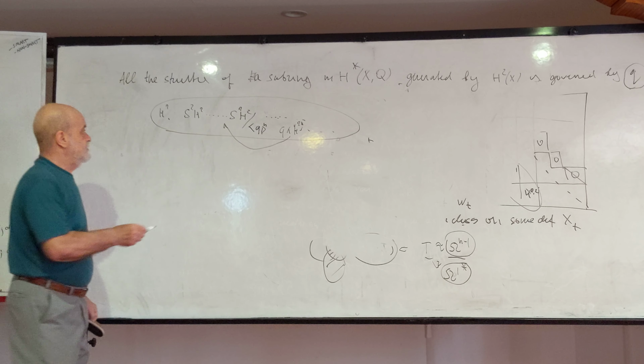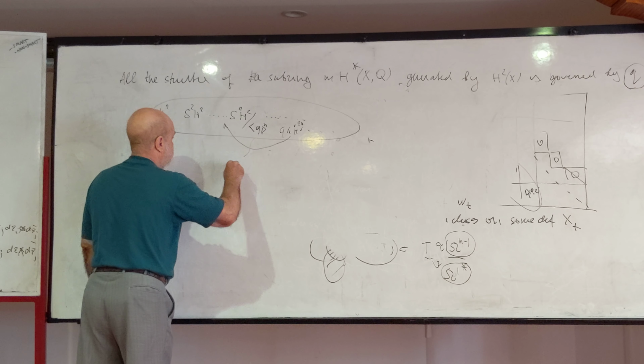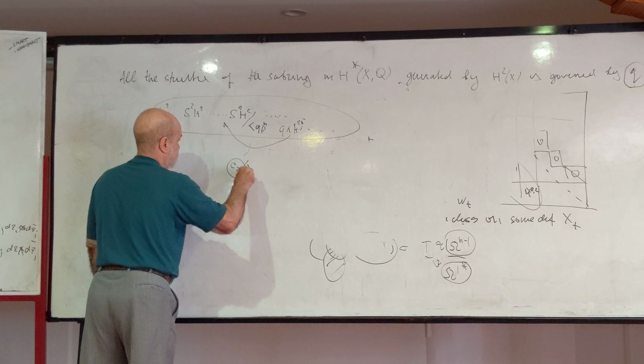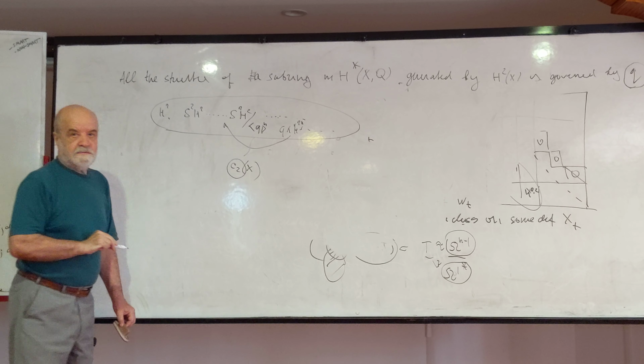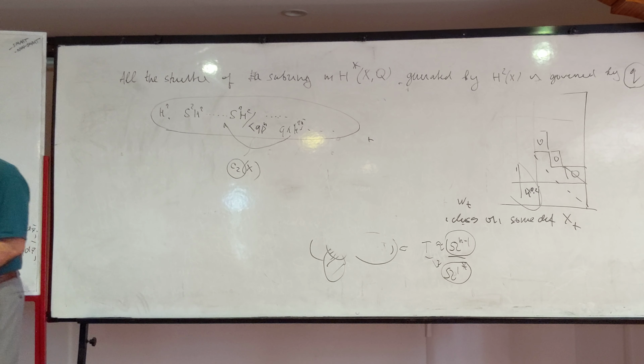Q basically corresponds to C2 of X. The second Chern class is always non-trivial, always in some kind of positive cone. So basically Q or C2, and their properties, are telling everything about topology.